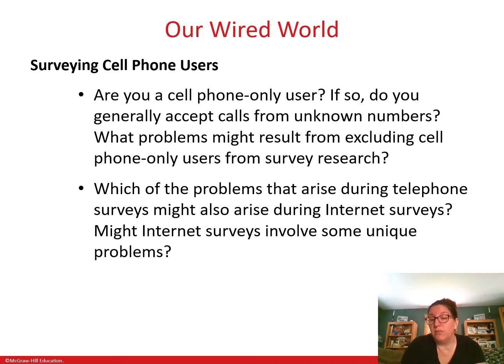Maybe people are calling at bad times. They're eating dinner and they don't want to answer a telephone survey in the middle of their dinner. So we want to think about those things. An open-ended question doesn't limit you to options that they choose, but a closed-ended question can limit your options to what those forced choices might be. There are just different ways to ask questions.